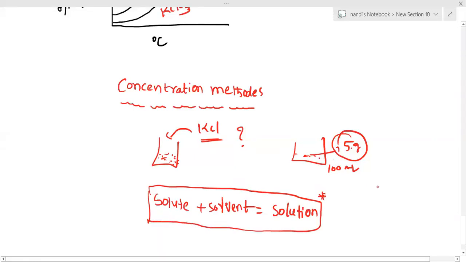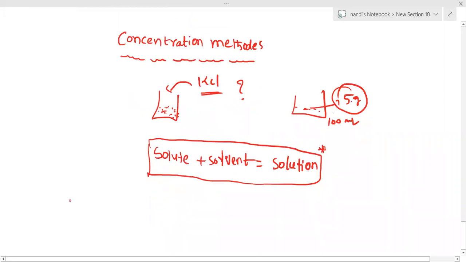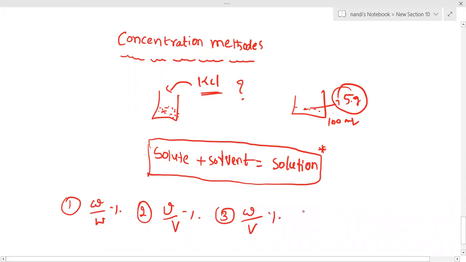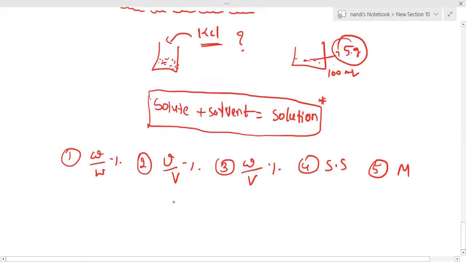So now we are expressing concentration methods. We have W by W percent, V by V percent, W by V percent, strength of solution, molarity, molality, mole fraction.